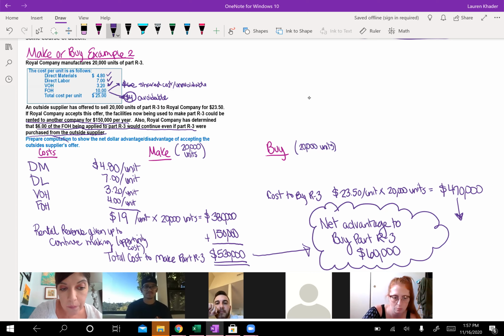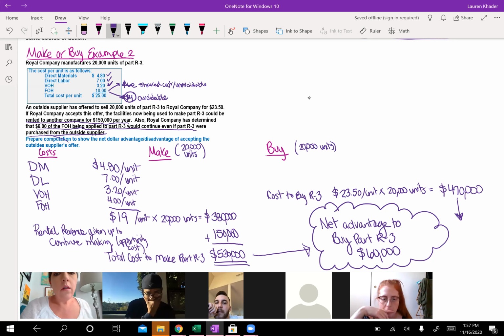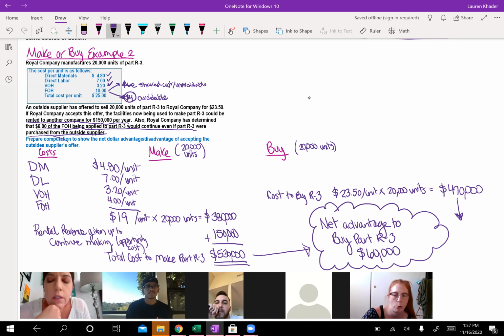It's way cheaper. What were the reasons to not buy, the qualitative reasons? For this one there's less qualitative. If I was the company, I would want a pretty solid person that I know is going to be renting that facility.